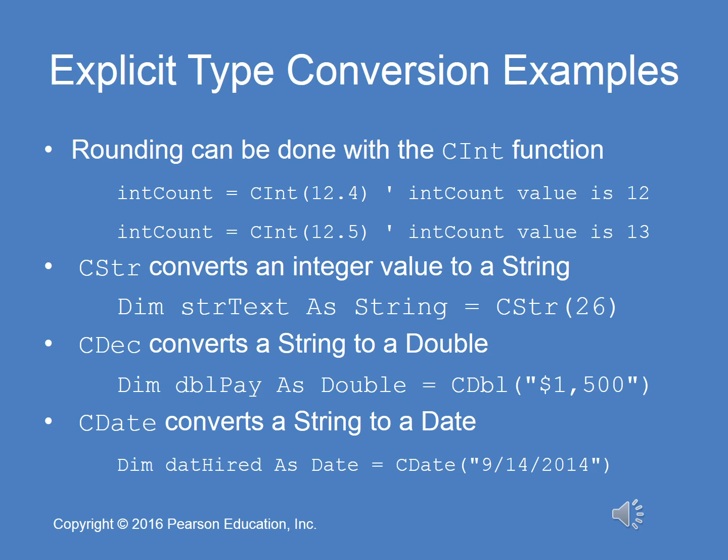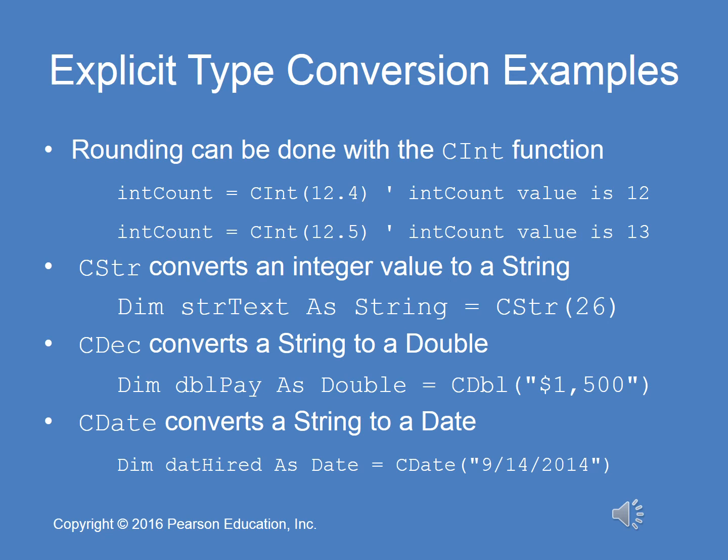CInt is a function, and next to it, within parentheses, is the expression being converted to an integer. In this particular case, we have a line of code. intCount, we're assuming, is an integer. It's been declared. And we're assigning it the value CInt with the argument 12.4.